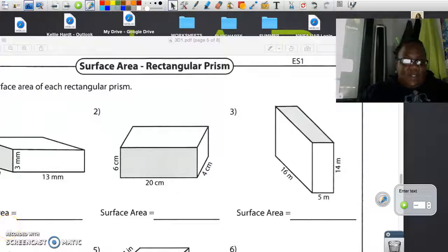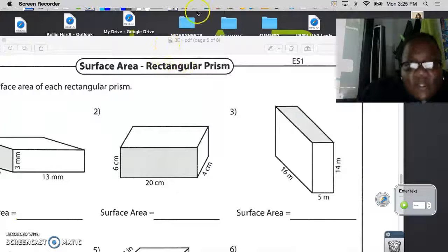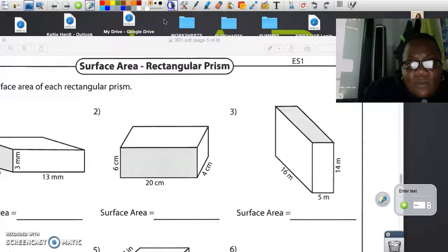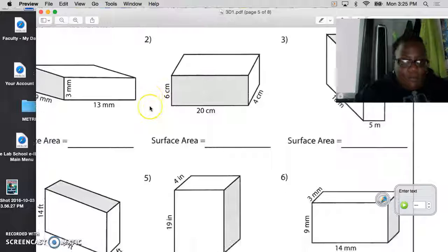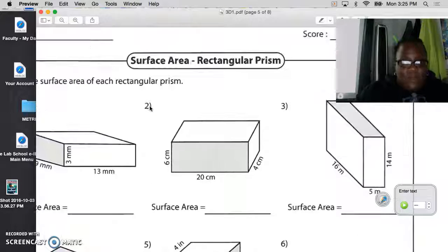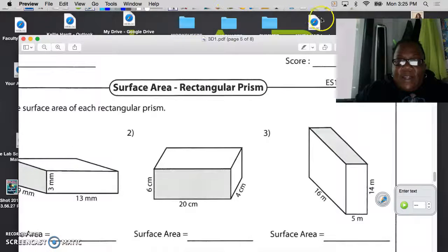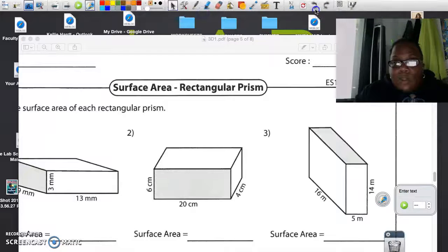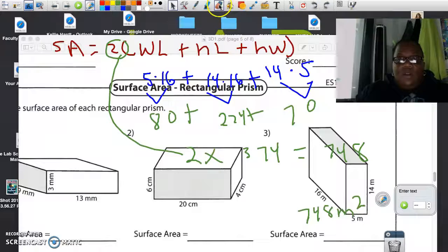So the next one that I have down here, here we go. Oh, I need to put that formula back up on the screen.